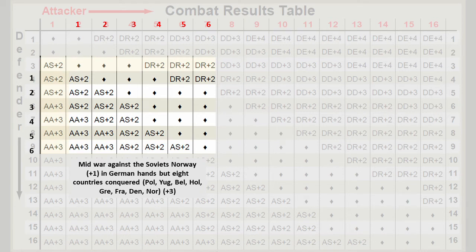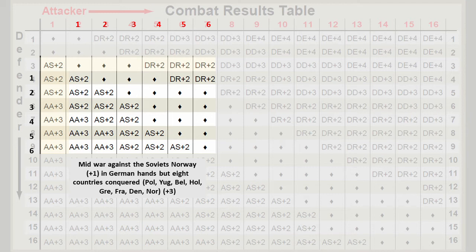This indicates the same mid-war position against the Soviets. The yellow shift shows both not holding Norway, but also not conquering 7 countries. So historically, it's usually 8. But of course, if you don't take Norway, it's possible to only conquer 6 countries.